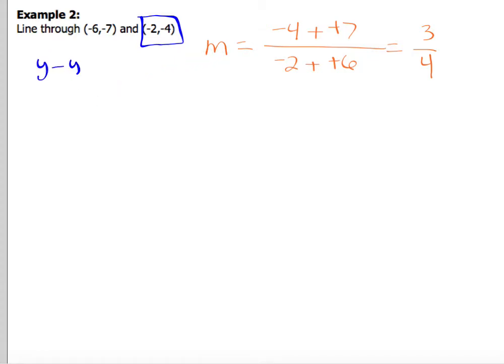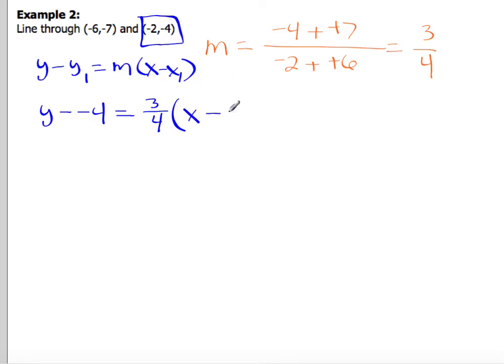So again, I'm plugging into the y minus y1, x minus x1 point slope formula, and I'm going to convert to standard form. So it's going to be y minus the y from this point, which is -4, equals the slope 3/4, times x minus the x from the point, which is -2. Minus and minus is adding. I'm going to make all of these adding.